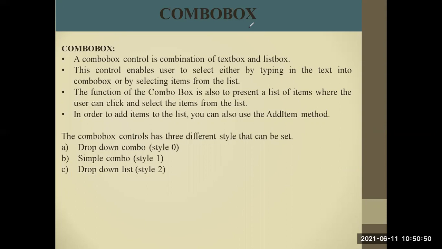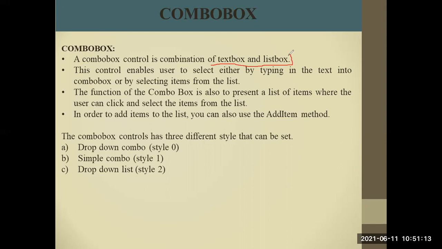Similarly, a list box will list the different types of input that can be given to the application. So sometimes we require a combination of these two. That's why we will use the combo box, which is nothing but a combination of your text box as well as your list box.